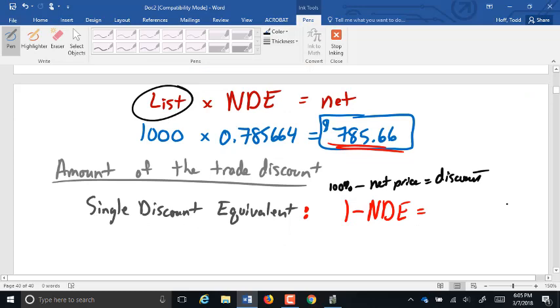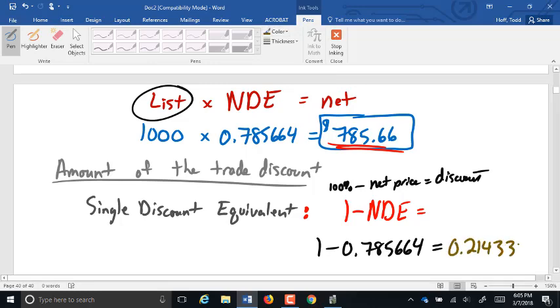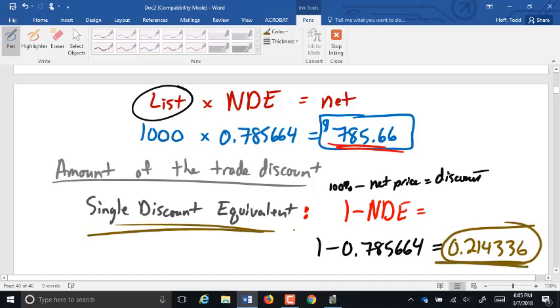So we have 1 minus 0.785664 gives us 0.214336. That is the single discount equivalent.